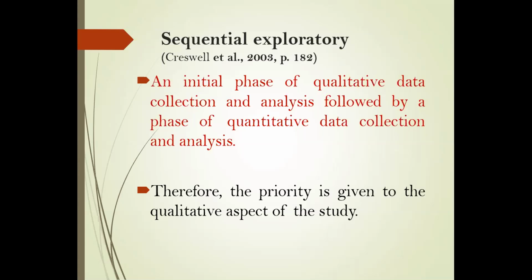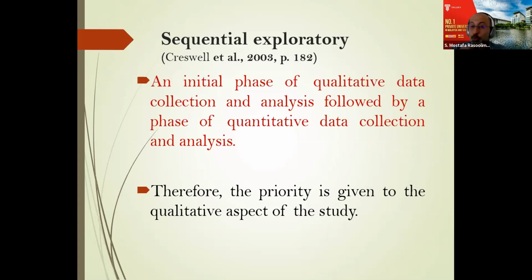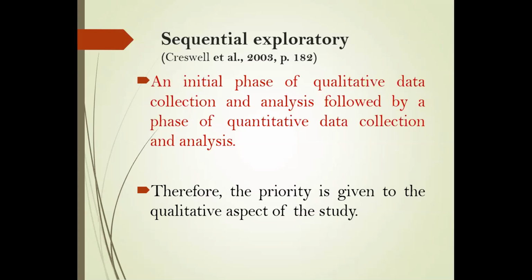Yeah, so those components should be included in the hypothesis in the quantitative phase. Okay, I got it, now it is clear. And in this case, for the literature review part, do we start to review the variable that we are going to give a new conceptualization first, or do we review the literature?